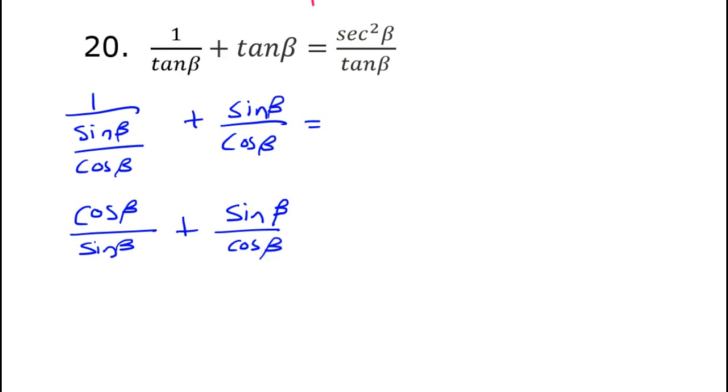Alright, well, we need like denominators, so that's why I'm going to multiply this side by sine beta over sine beta, and I'm going to multiply this side by cosine beta over cosine beta.